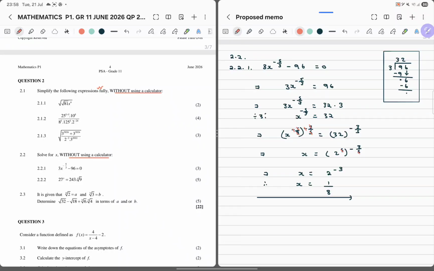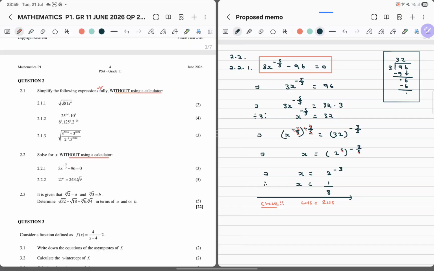Again, folks, with equations, you have no excuse not to check, because if you don't, you are dead. But check on the original, provided it is copied correctly. So let's quickly do it. We have 3 times x, which is 1/8, all to the exponent minus 5 over 3.